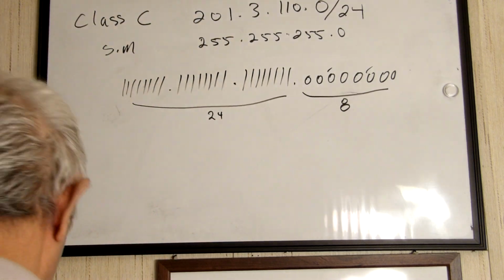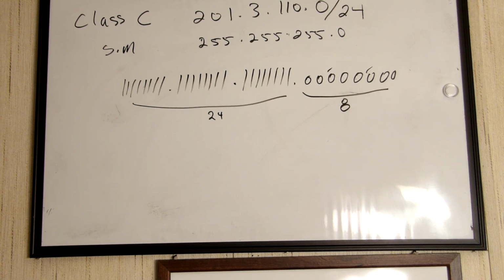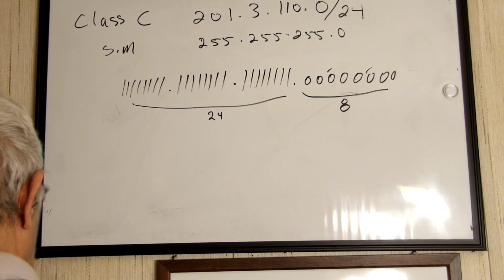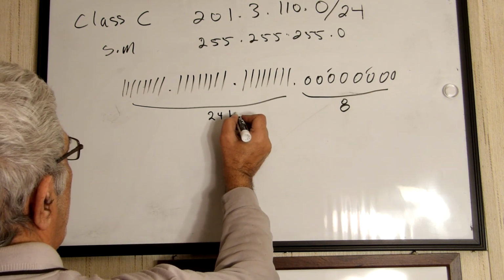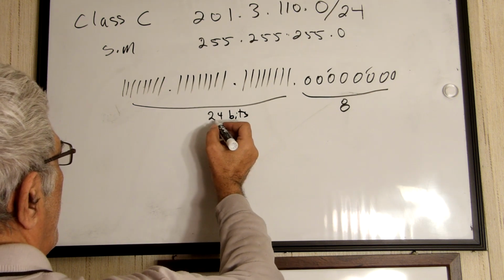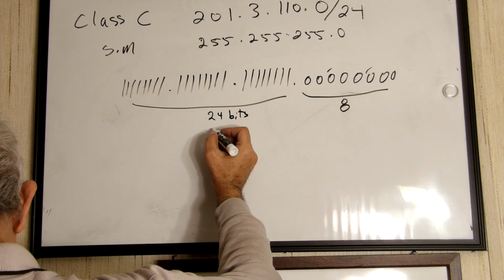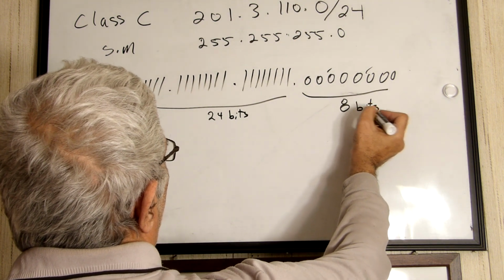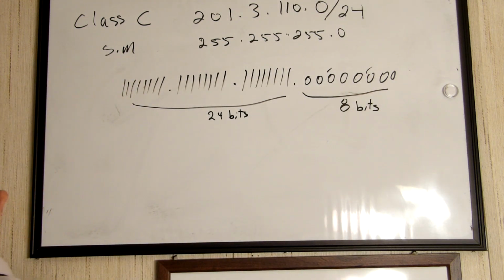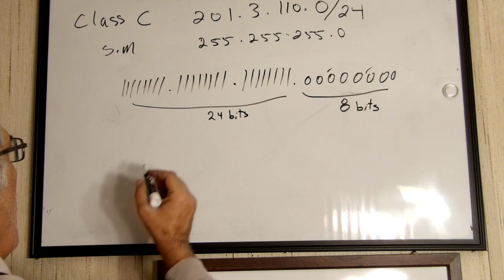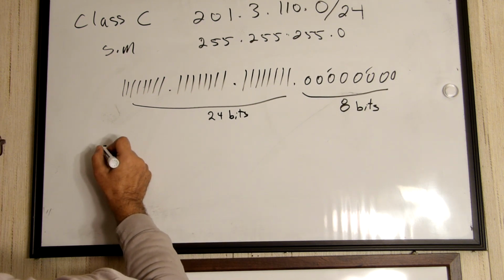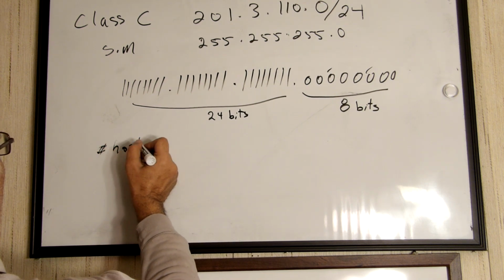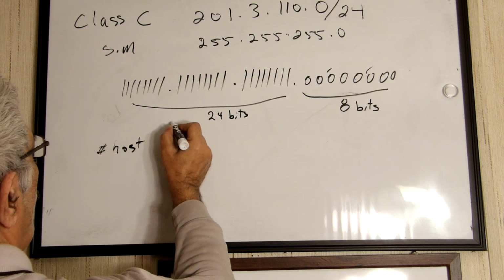So the number of network bits is 24 bits, but for hosts it is 8. As we talked about earlier, the number of hosts is 2 to the power of 8.